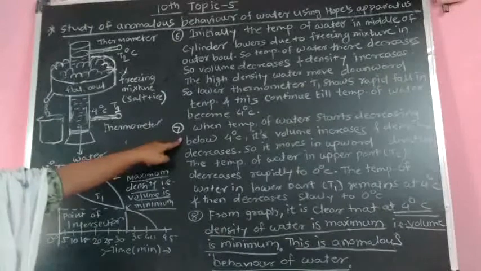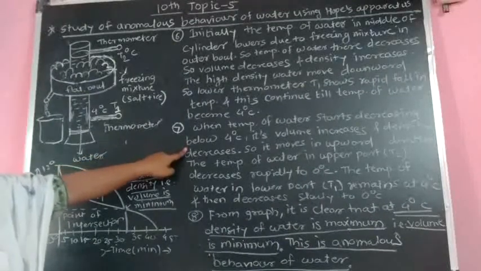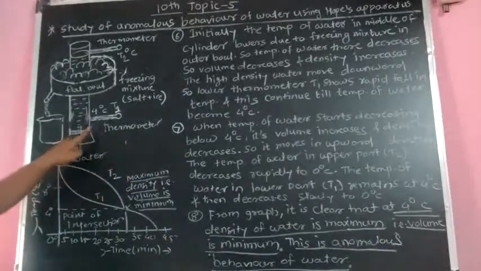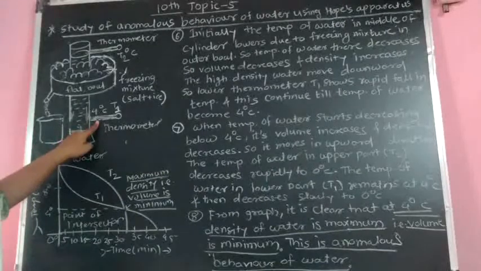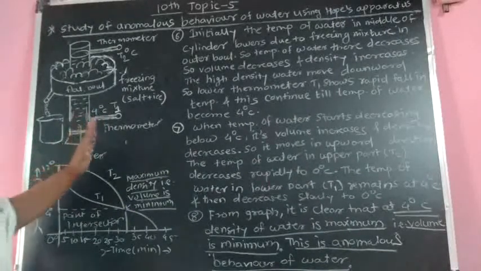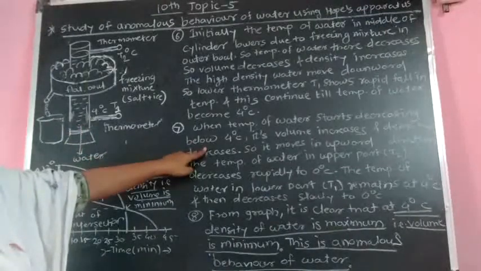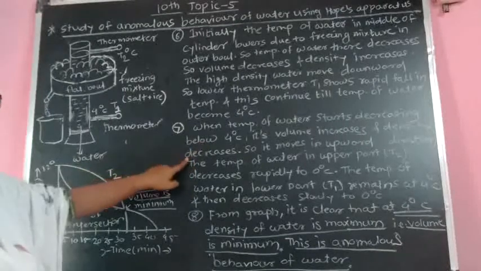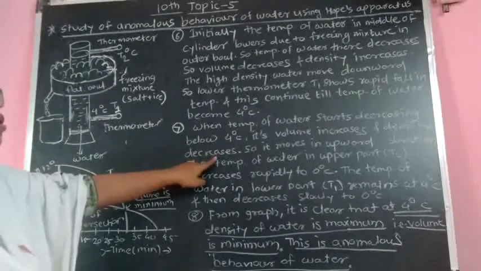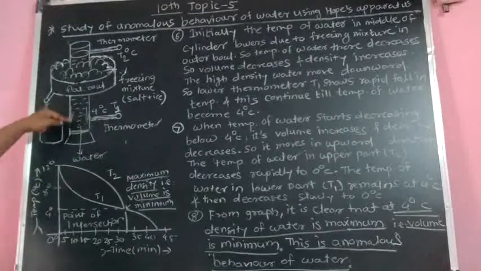When the temperature of water starts decreasing below 4 degrees Celsius, that is, when the temperature of thermometer T1 comes below 4 degrees Celsius, that is 3 degrees Celsius, 2 degrees Celsius, then the volume of the water increases. At that time, the volume of water increases, and density of water decreases. So less dense water moves in the upward direction.